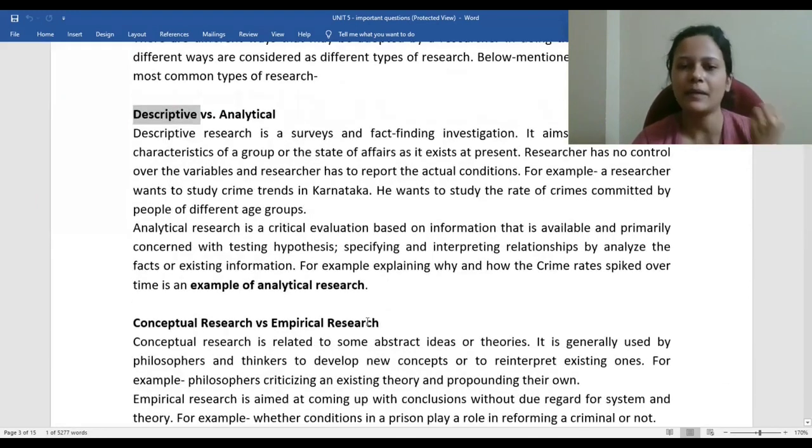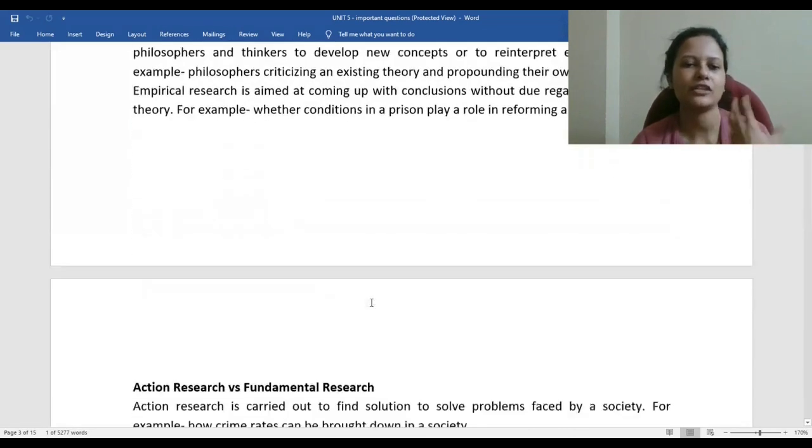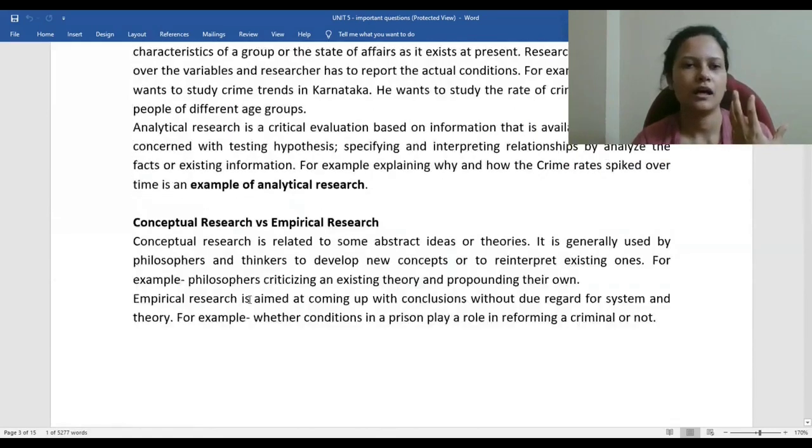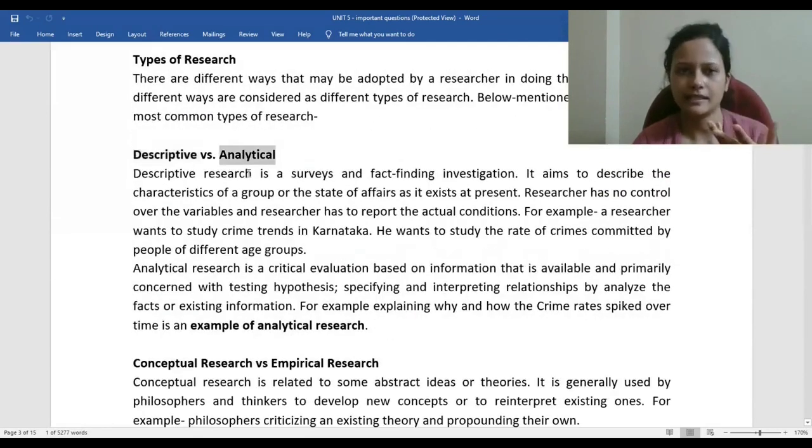Plus, it is empirical because I'm visiting a few police stations, collecting some data. Plus, my research is also analytical because I want to read the related legal provisions and analyze them. So even though it's just one paper that you are submitting, it's a combination of three types of research. So there is no restriction as such. These might be overlapping as well.